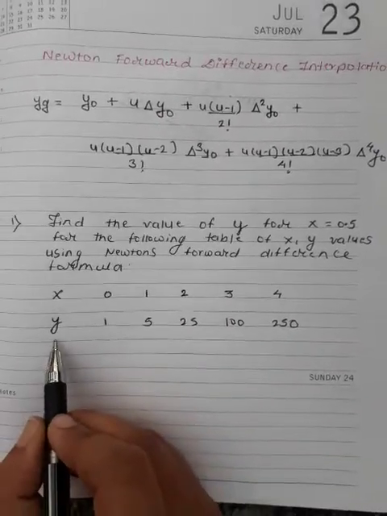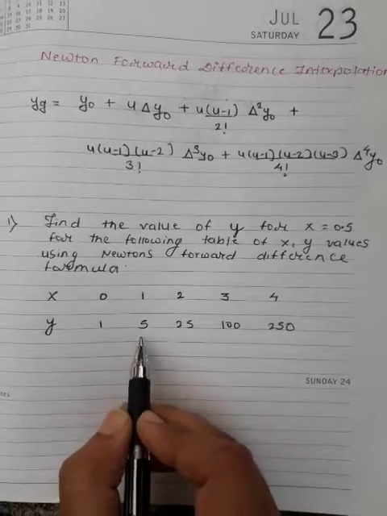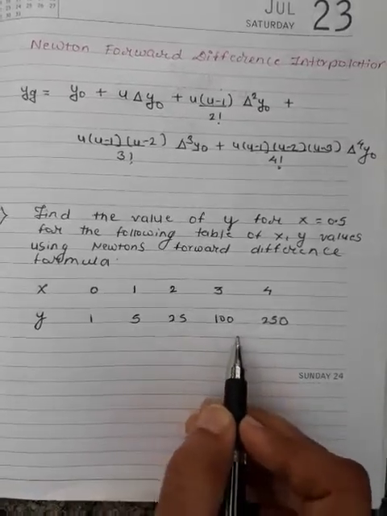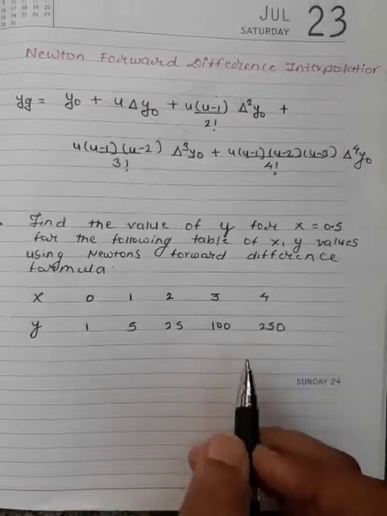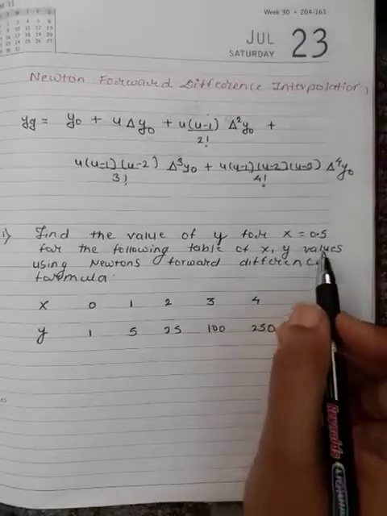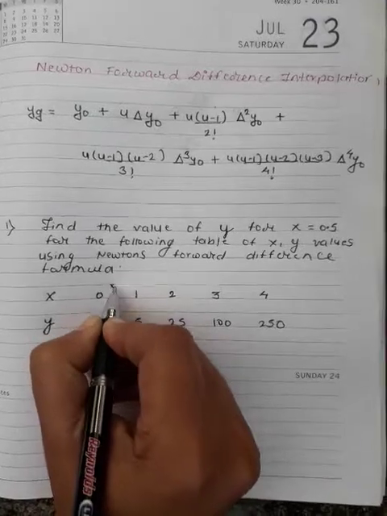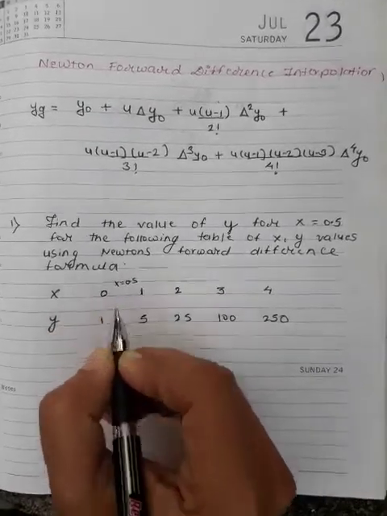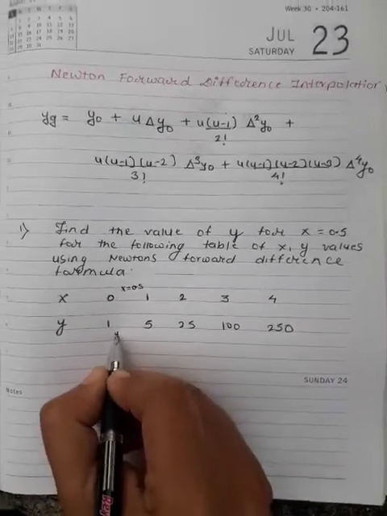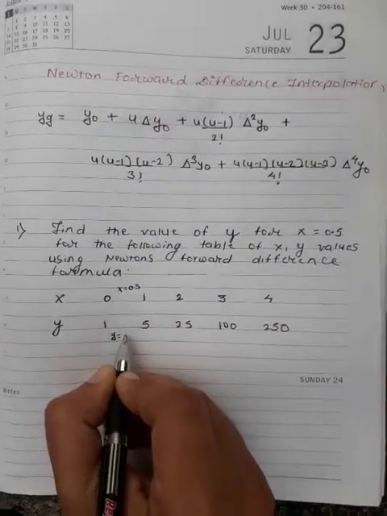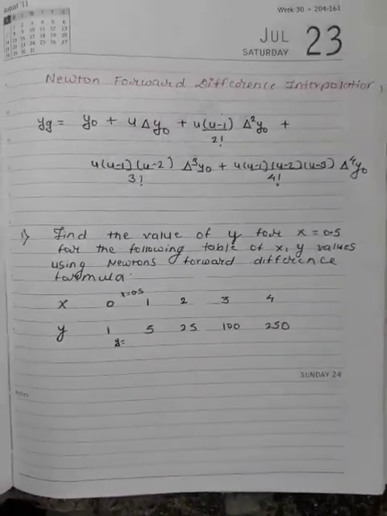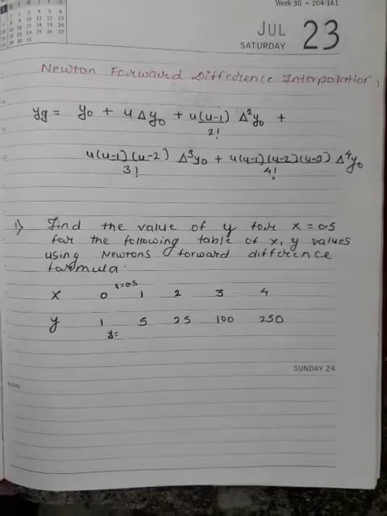Corresponding values of y are 1, 5, 25, 100 and 250. They have asked, when x is equal to 0.5, the corresponding value of y you have to calculate. So we will see now how to solve this numerical.